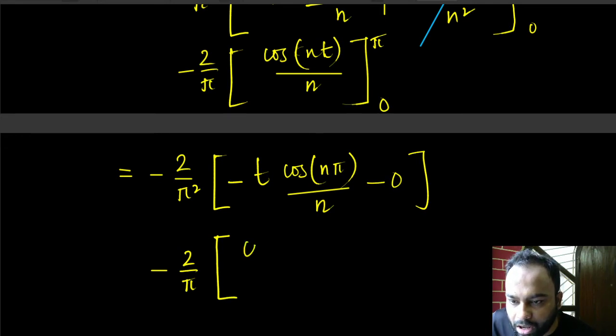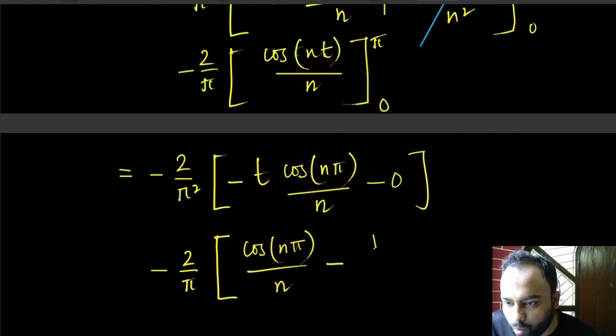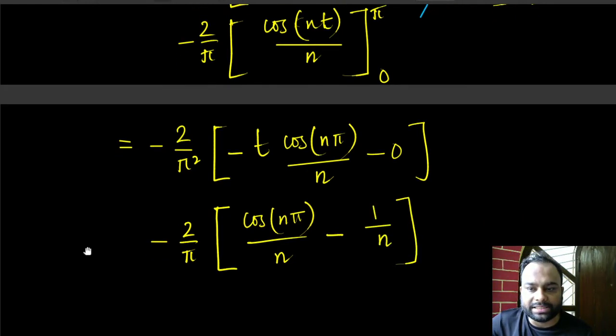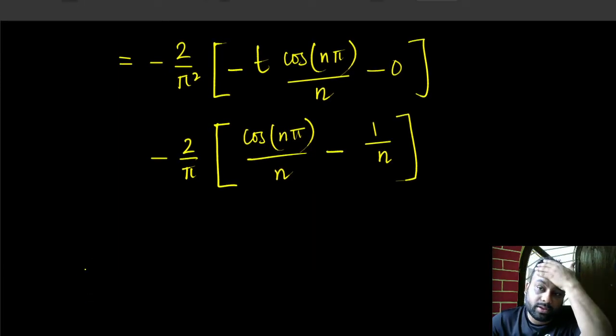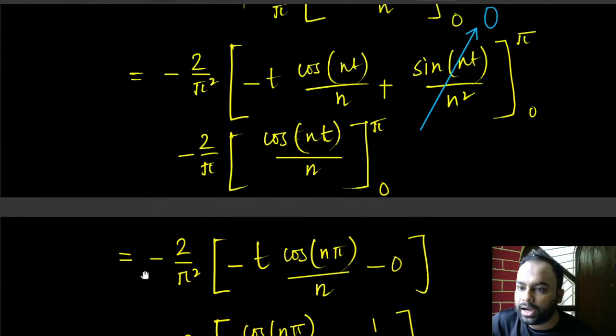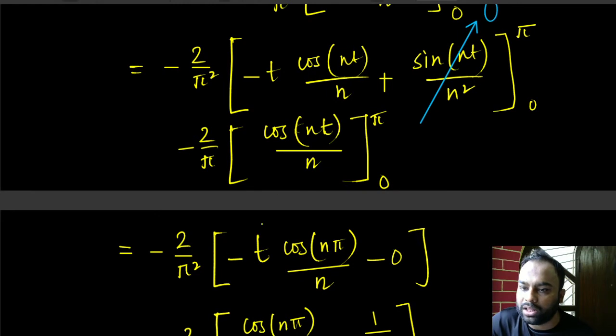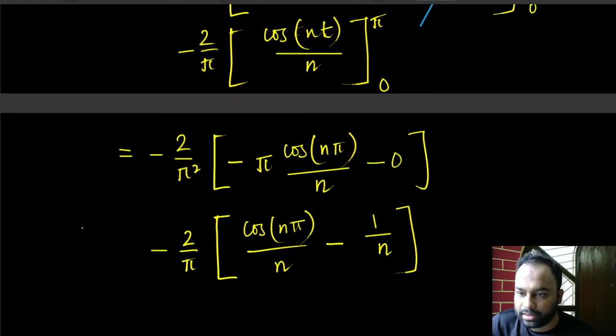I get cos n pi divided by n, and then for the lower limit, cos 0, which is basically 1, so I have 1 by n. So that is what we see here, right? Sorry, I did not put the value of pi here, so that's going to be pi.